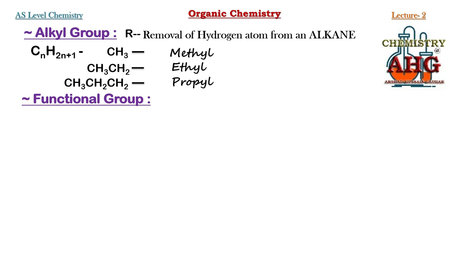So you must remember, a functional group can be either an atom or a group of atoms that gives special properties to an organic family. An atom or group of atoms that can give special properties to a homologous series or to an organic family is known as a functional group.